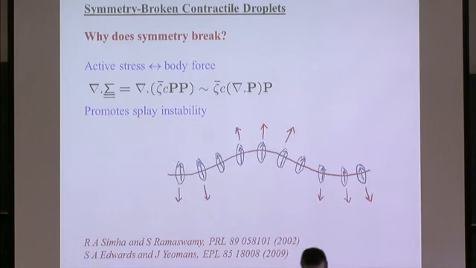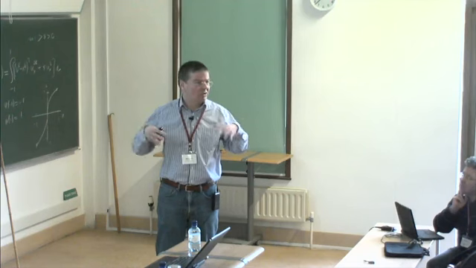And the reason for that is kind of roughly here. If you imagine having a set of aligned p vectors and you put a sort of a splay wave on there, and you look at the effective body force, which is the divergence of the active stress, this is pushing you up here and it's pushing you down there. So that, if I start with this flat, that modulation will grow.